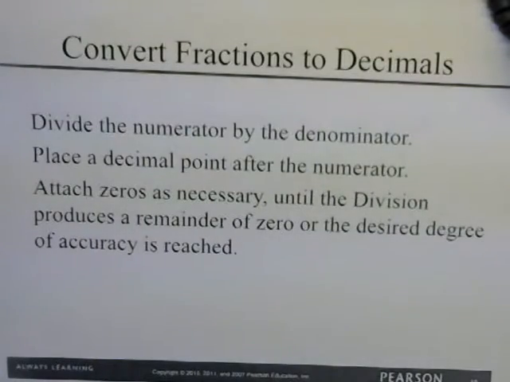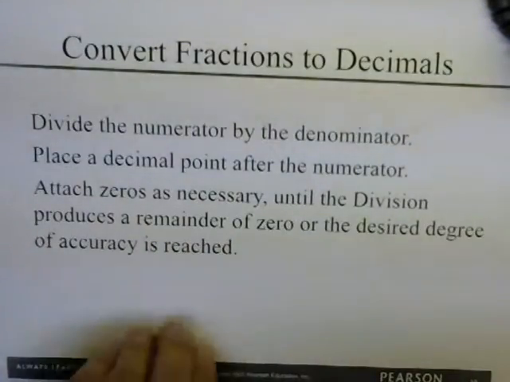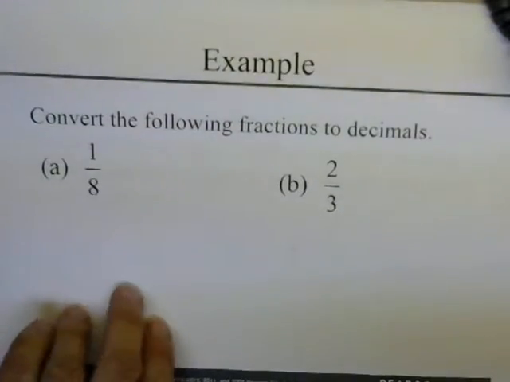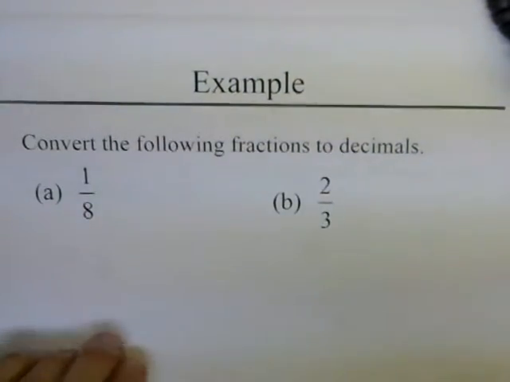Now, as far as converting fractions to decimals, you basically just divide. So divide the numerator by the denominator, and then place the decimal point after the numerator, and then attach zeros as necessary until the division produces a remainder of 0 or the desired degree of accuracy is reached. So let's say you wanted to take 1/8 and convert that to a decimal.